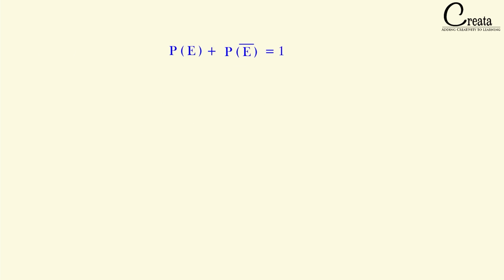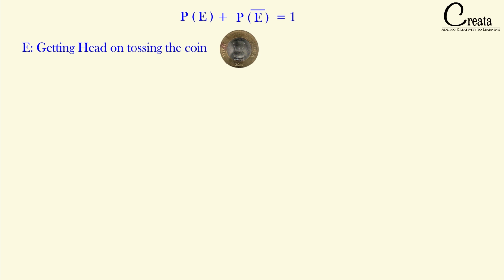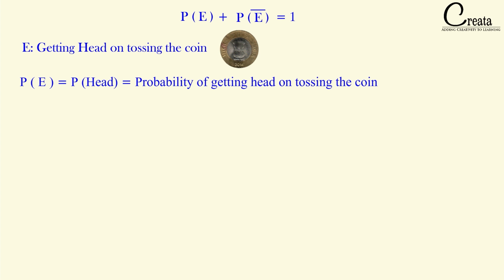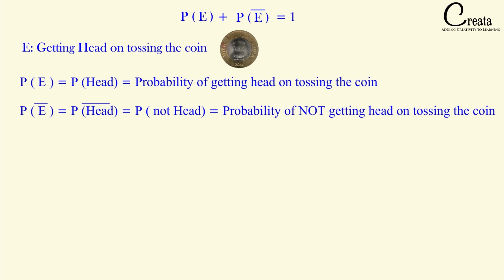Let's try to understand how we get this formula and what is the concept in this formula. Suppose the event is getting the head when we toss the coin. So the probability we will write as probability of head, that is P(E), and P(E) bar will be probability of head with a bar over it. It means: what is the probability of not getting the head when we toss the coin?